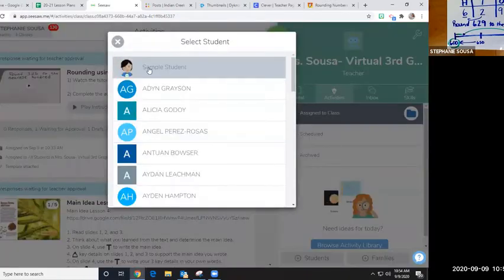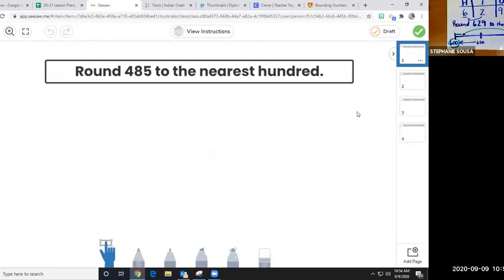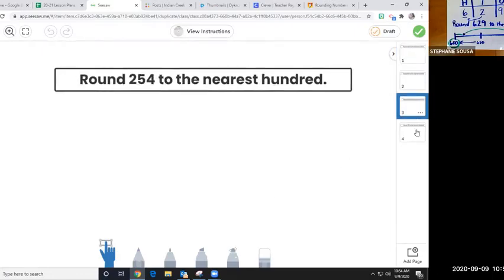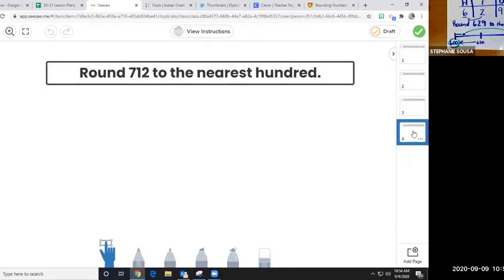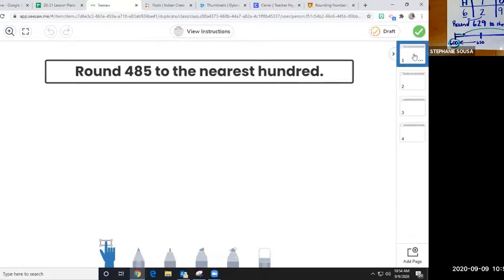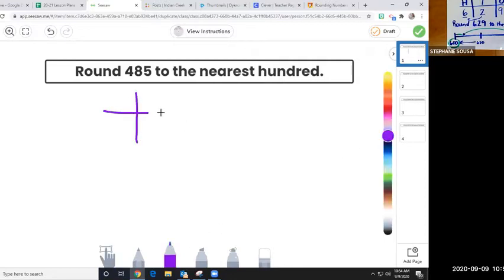So let's look at what's expected of our work today. I can see over here automatically that I have 4 pages of work. So each page is a different problem. So I only have 4 problems. I'm going to complete the work exactly as we just did together. So on this page, I should be using my pencil or pen, as Mr. Mejia asked of me, and I should complete a hundreds chart.